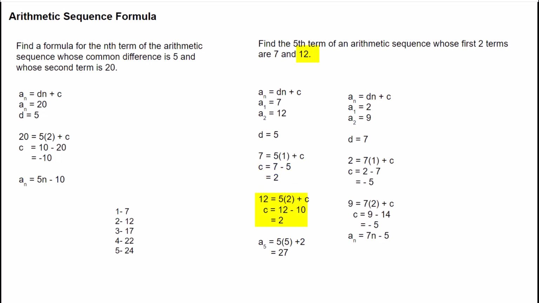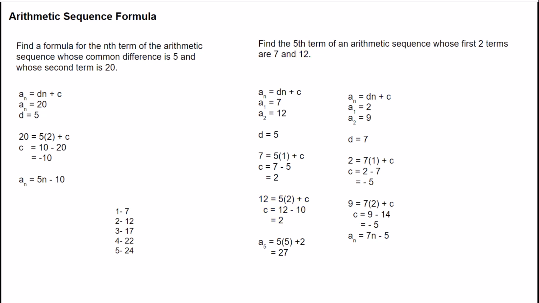Let's check the other point to see if it agrees with what we have above. This isn't entirely necessary, but it's never a bad idea to perform these extra steps if it helps you check your work and prevent mistakes. So for the second term, we have a value of 12, and that's equal to 5 times n. In this case, it's 2 since we're dealing with the second term. Rearranging this equation by subtracting 5 times 2 from both sides, we get c is equal to 12 minus 10, and that is also equal to 2.